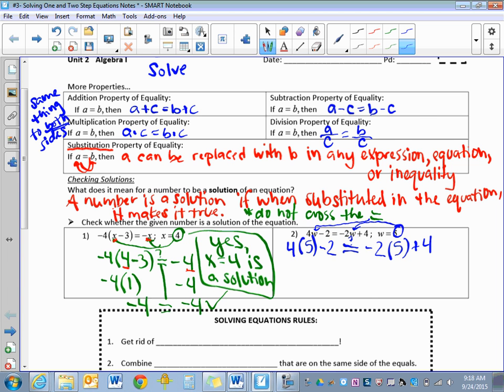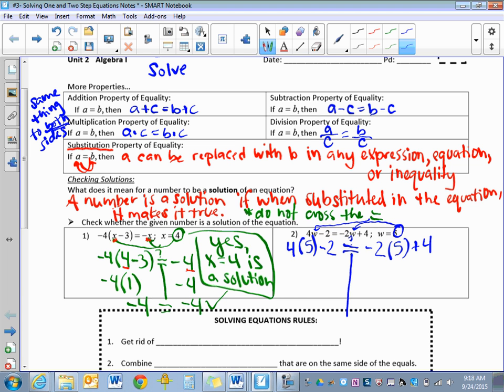So again, substitute 5 in for W: 4 times 5, minus 2, does this equal negative 2 times 5 plus 4? Again, I'm going to draw a line there to help me not cross my equals.